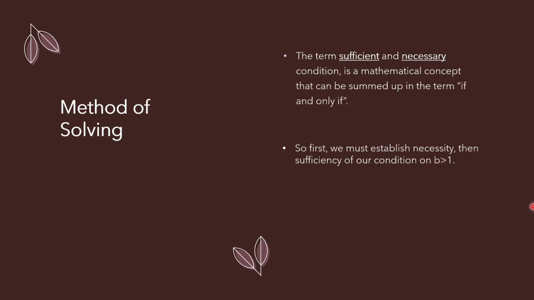I'm pretty sure that you might have encountered it at a certain point in your math classes. Basically, it means equivalency. If a term exists, that means the other term has to exist as well. So first, we must establish necessity, then sufficiency of our condition on the real number b bigger than 1.